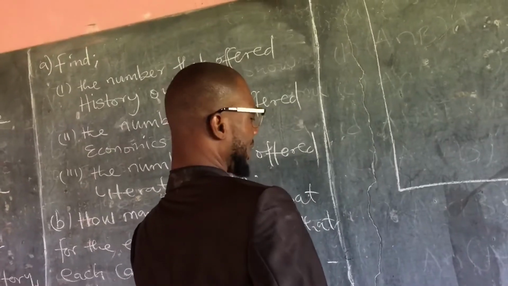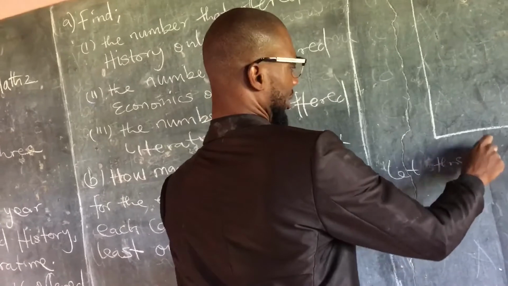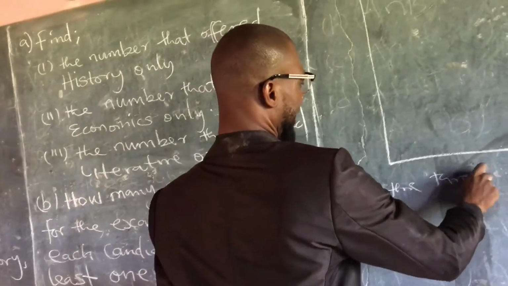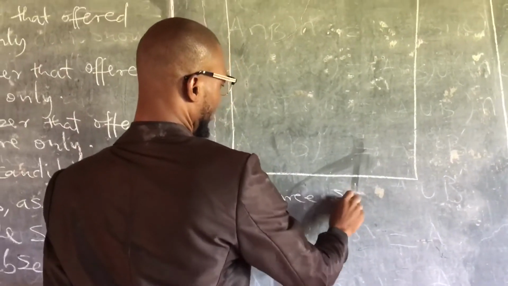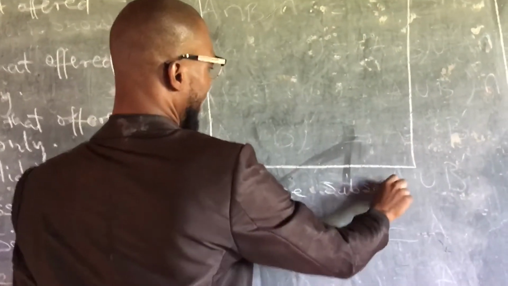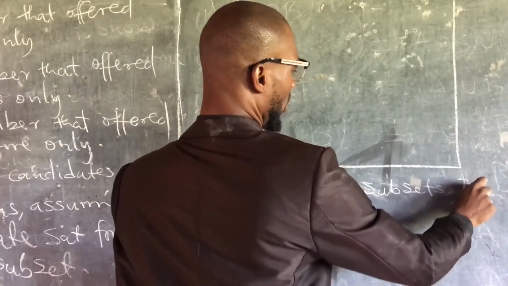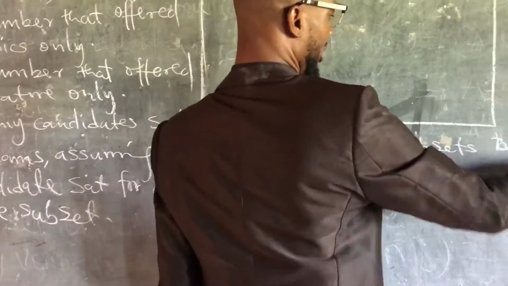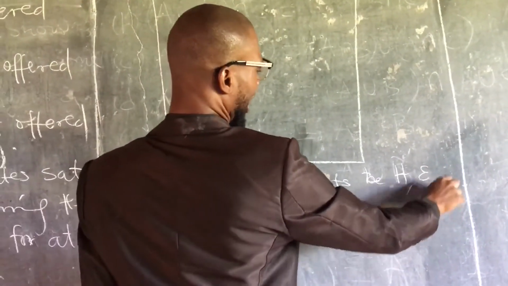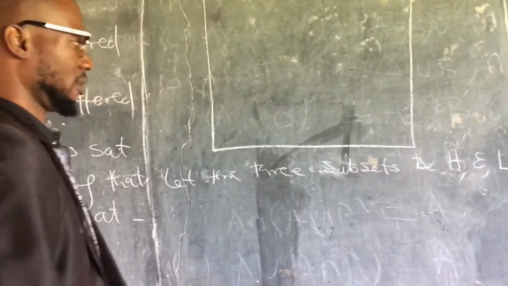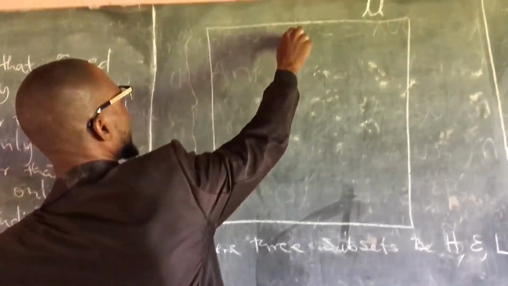We know that we have 3 sets, or 3 subsets, history, economics and literature. So we will represent them in the Venn diagram like this.